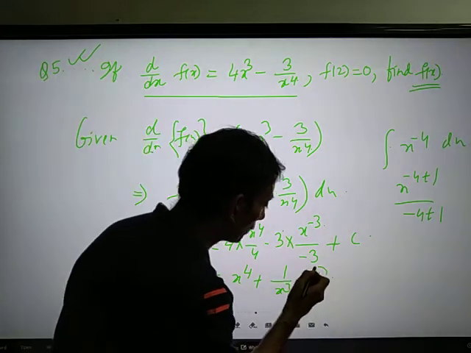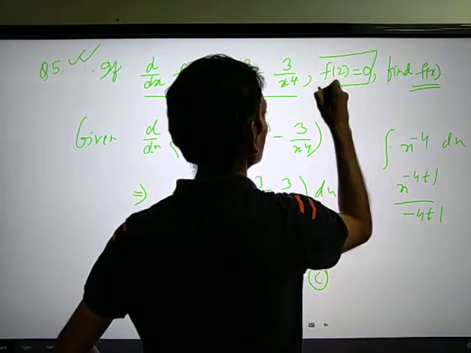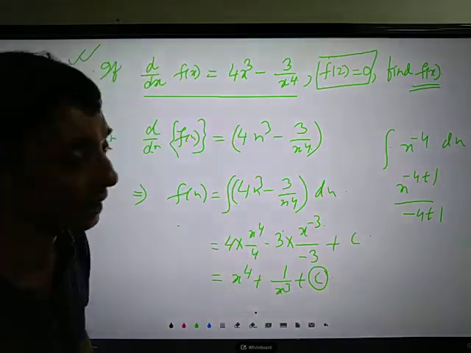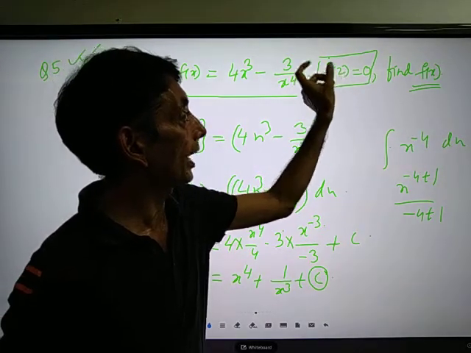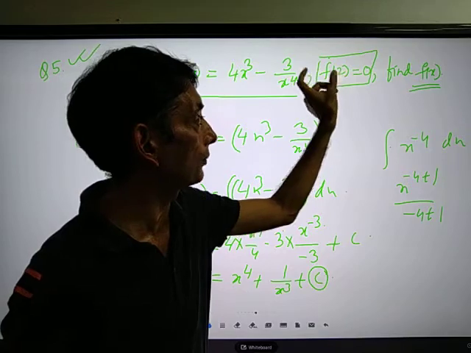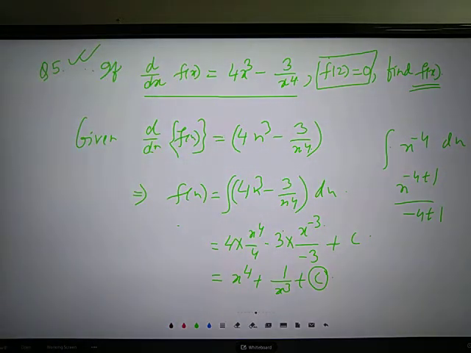But we need to get the value of c, the constant. We can get the value of the constant using the given condition, that is, f of 2 is equal to 0. That means if the value of x is equal to 2, then the functional value f of 2 should be equal to 0. So how to find that value?